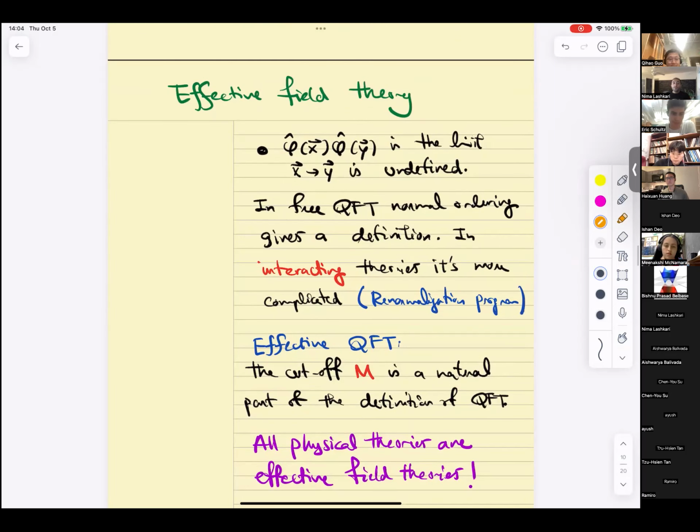So now we come up with a better framework to think about physics, not even field theory. It's called effective field theory. The idea is that any theory will naturally come with a cutoff scale, right?